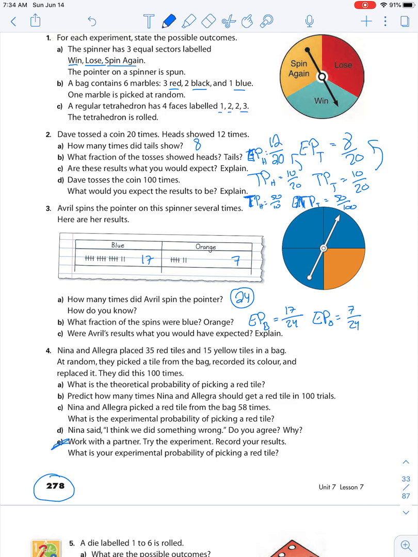Well, we would have expected the theoretical probability of blue to be 3 over 4. And if we're finding an equivalent fraction, our magic number is times by 6, right? So then we'd have 18 over 24.